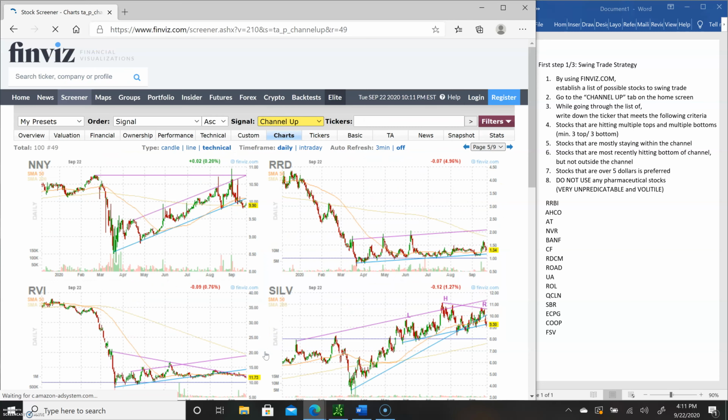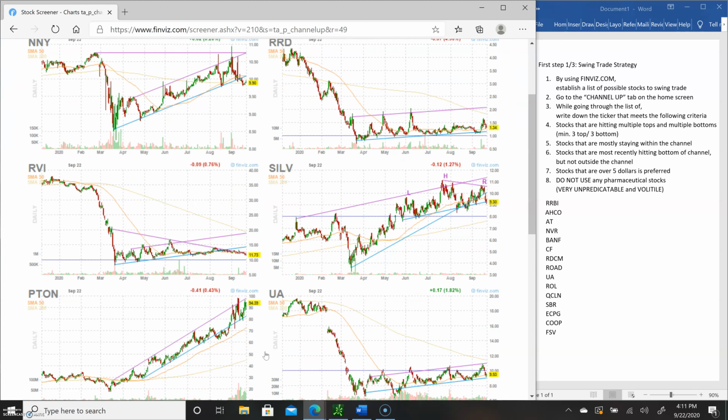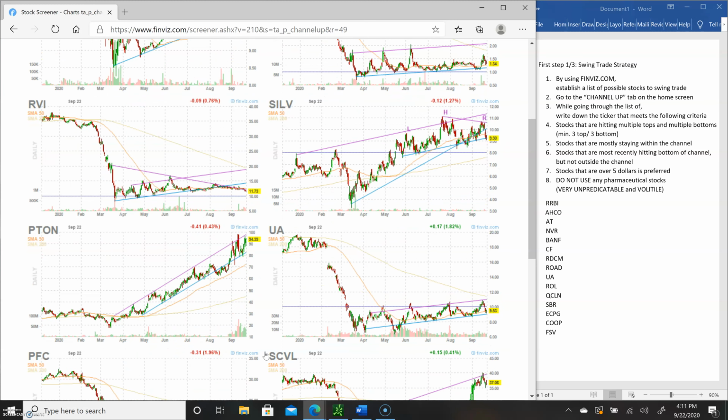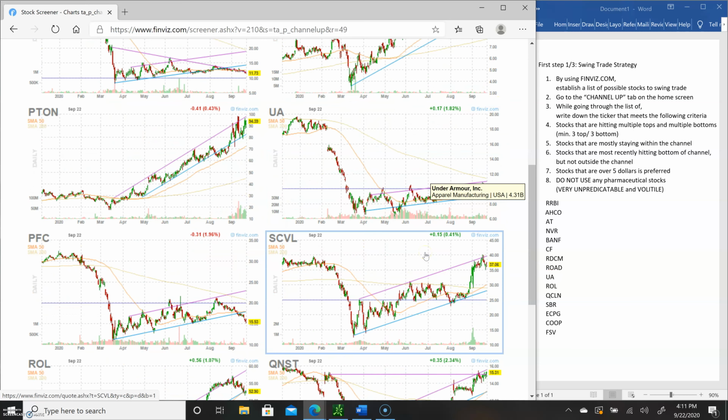So you're going to start to get a better idea what to look for, just using these notes here on the right. But it's all pretty easy as long as you stick to the rules. UA, Under Armour, okay, inside the channel. It's not really so steep of a channel up, but it's pretty consistent. So we'll put that down.